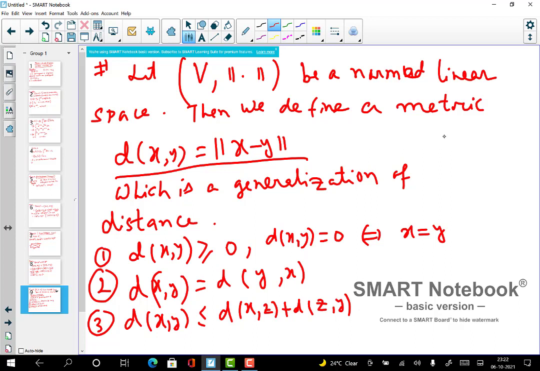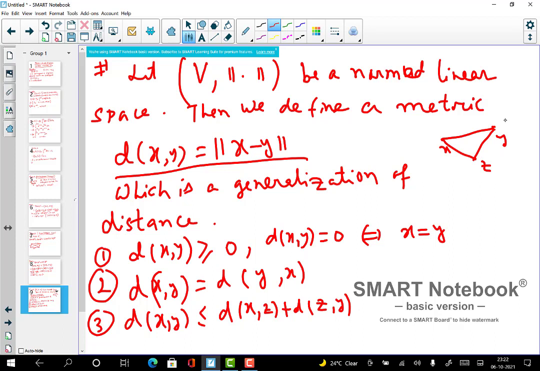If we have 2 points x and y, and you want to get the distance, and suppose you have another point z, then if we add up the distance from x to z and z to y, that will be bigger than the distance from x to y. This is the simple equivalent geometry you learned in school also. So that is exactly the triangle inequality.